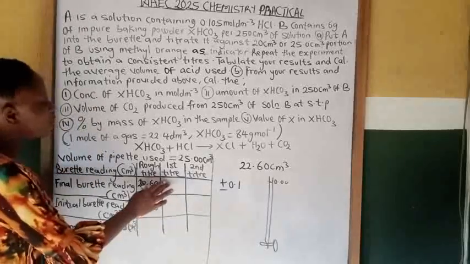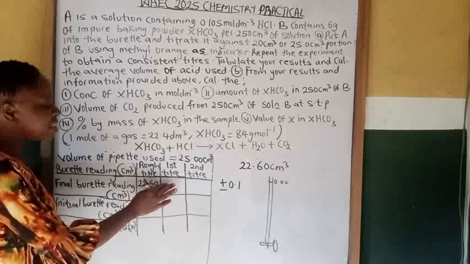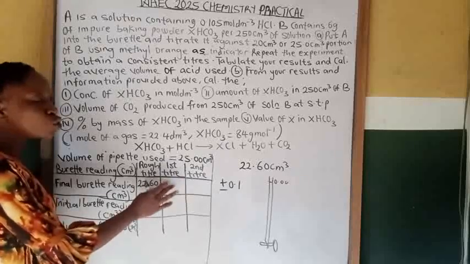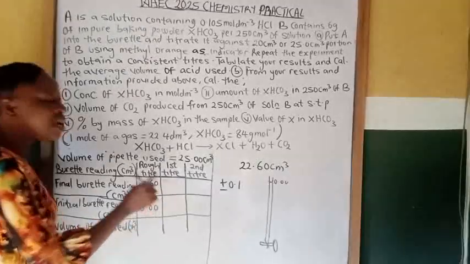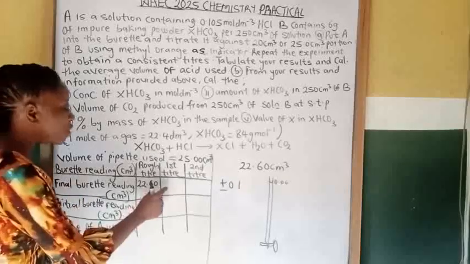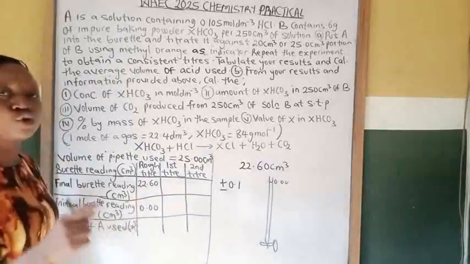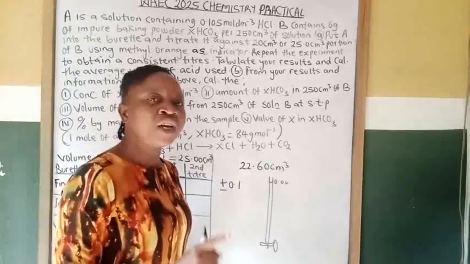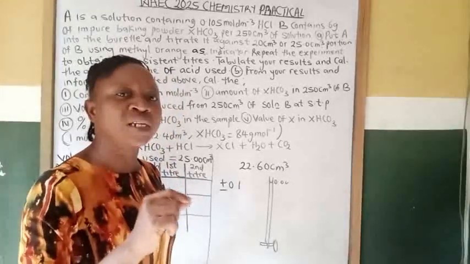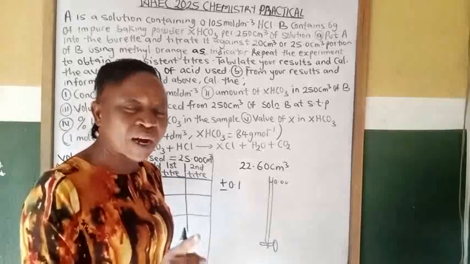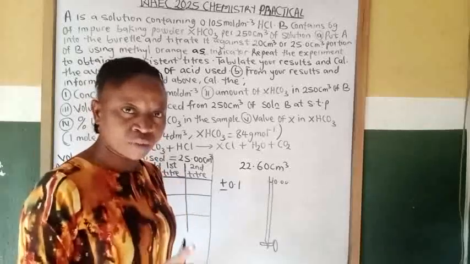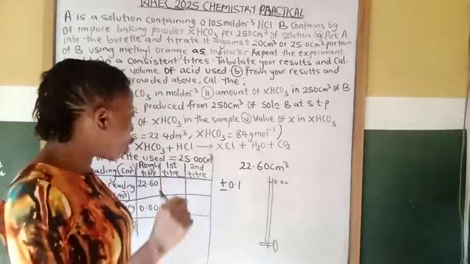Then make sure the values that will be recorded in this table are in 2 decimal places. Very important. Your values must be in 2 decimal places. If you round it up to a whole number, 2 marks will be deducted from your mark.